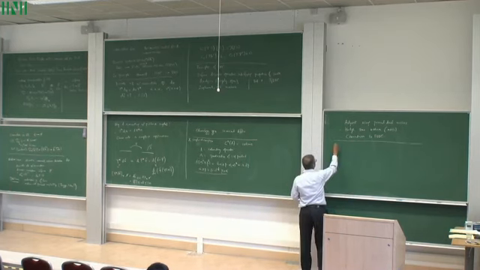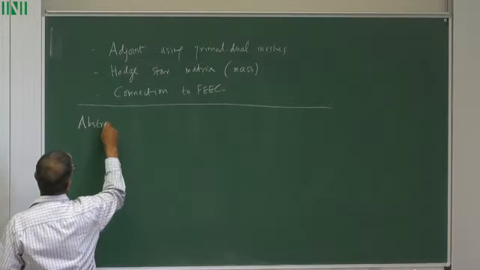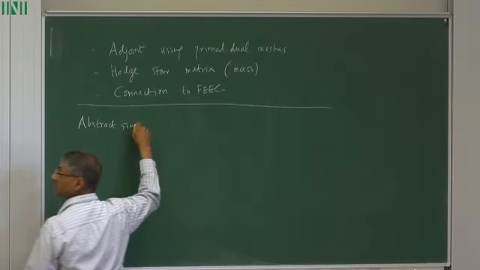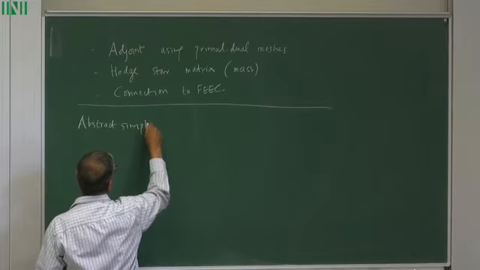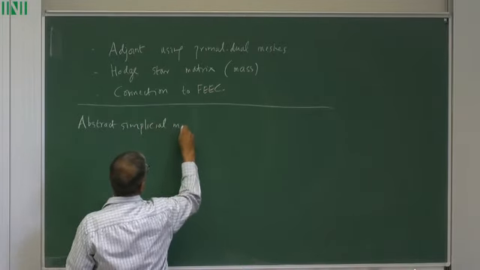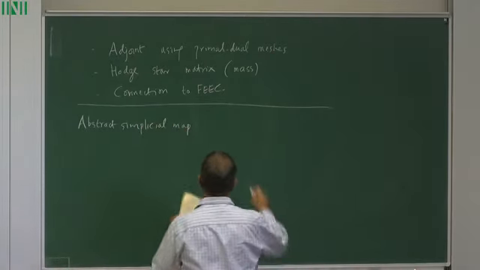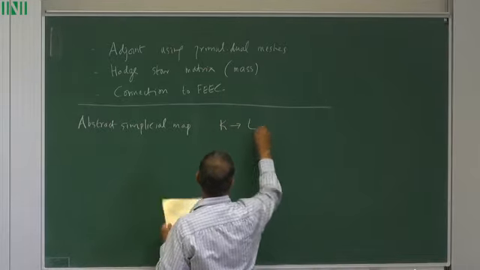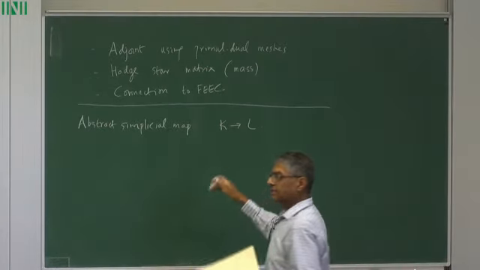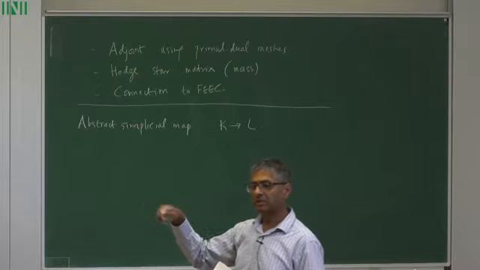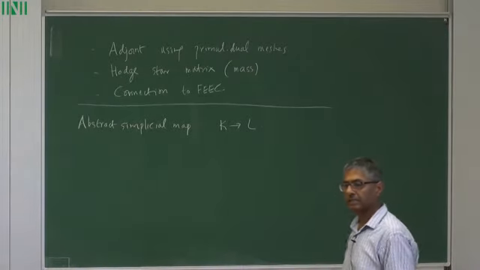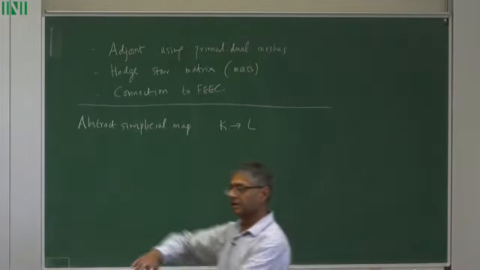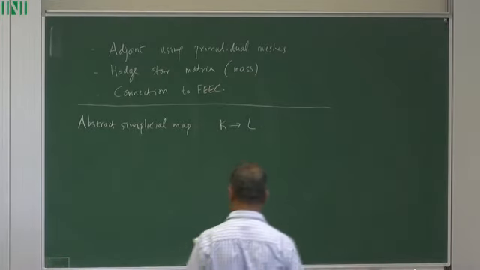So an abstract simplicial map is a map from one simplicial complex to another. The complexes don't need to be embedded or geometric. You can just specify them with vertices: here are the triangles, here is how they are glued, and so on.